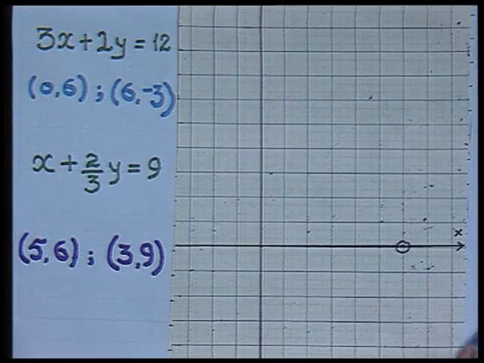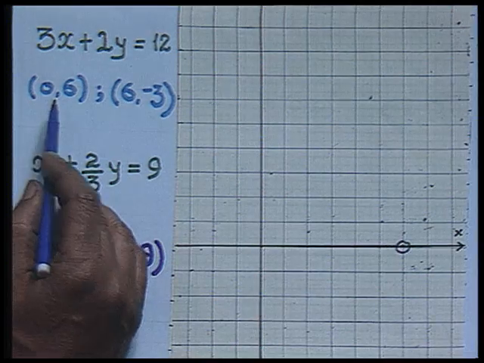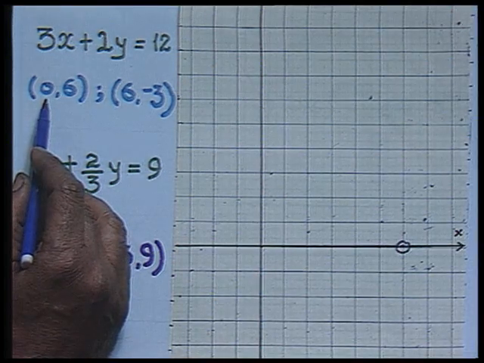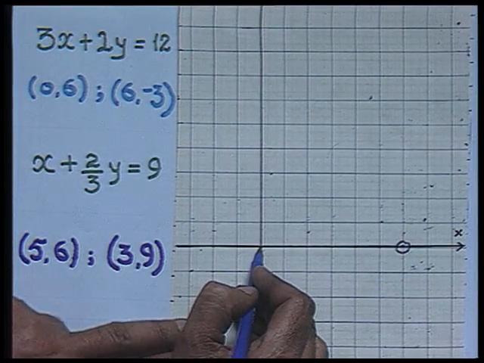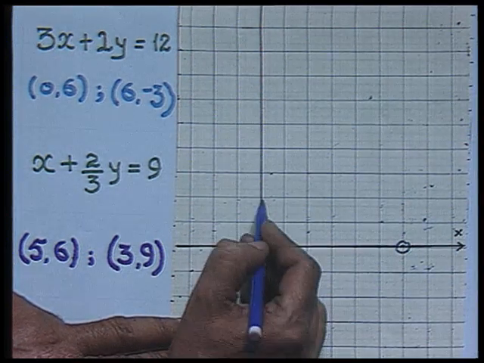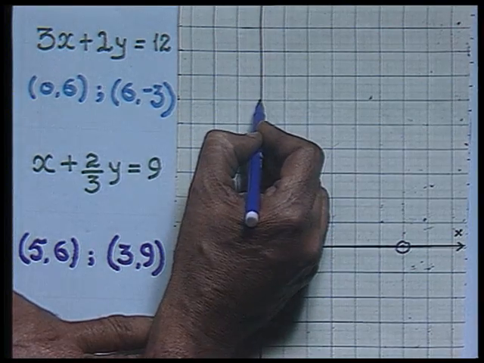So let's now plot the graph for these ordered pairs. The first ordered pair here is (0, 6). Now (0, 6) means I don't have to move any distance onto the x-axis. So this is 0, and 6 units I'll move up, 1, 2, 3, 4, 5, and 6.